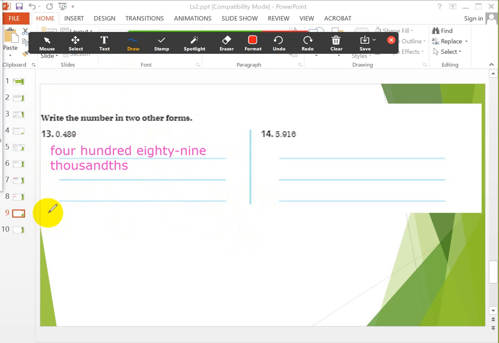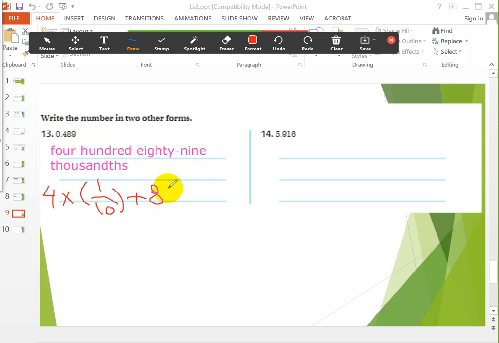What about the expanded form? I have 0 in the ones digit, so also in expanded form, I will not mention it. I will start with the tenths digit, which is 4. The value will be 4 multiplied by 1 over 10. In the hundredths digit, I have 8.